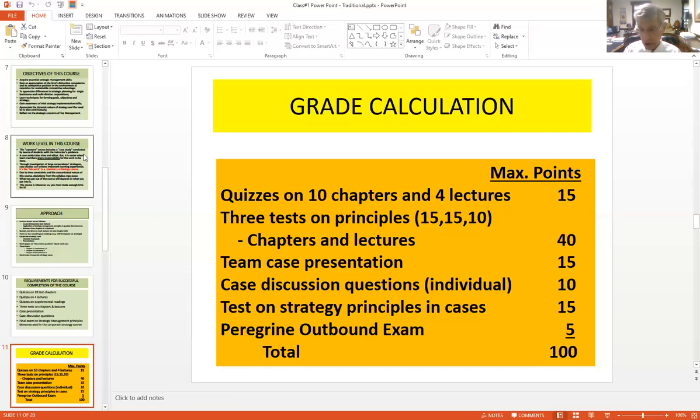And if you look at the top 2, 55 points are theory. So it's pretty well divided between theory and practice, which is exactly what a good course in strategic management ought to have. It ought to be divided about like that.